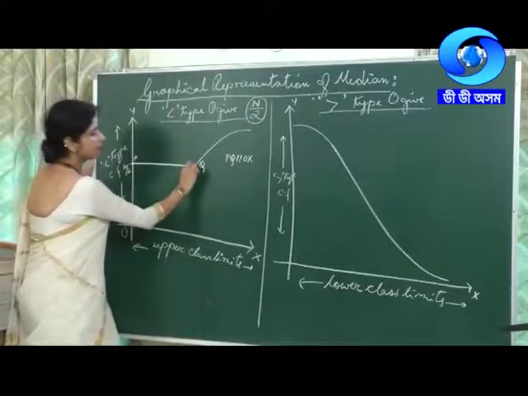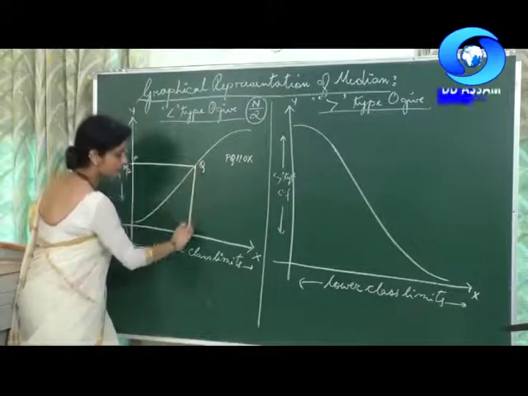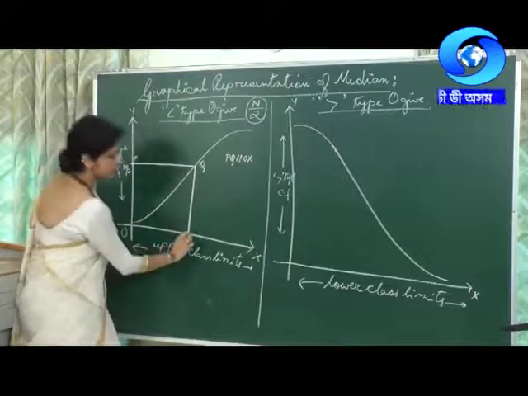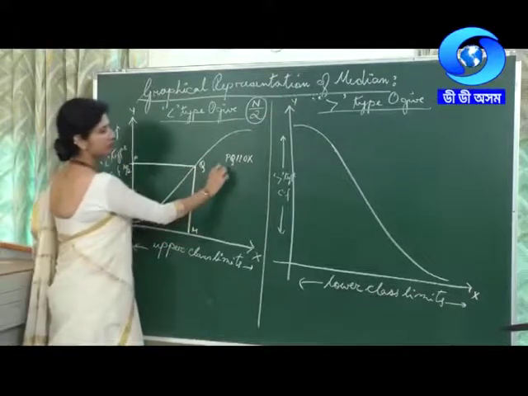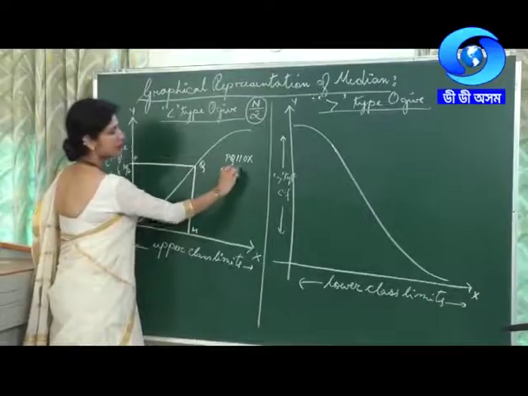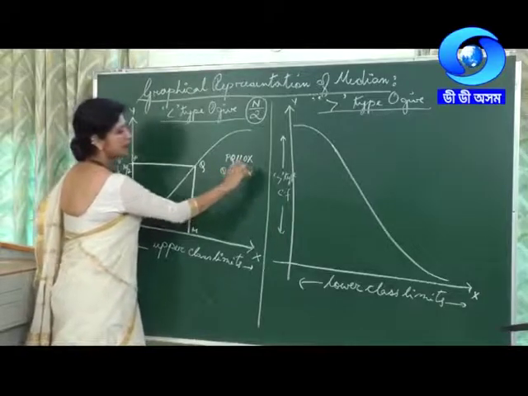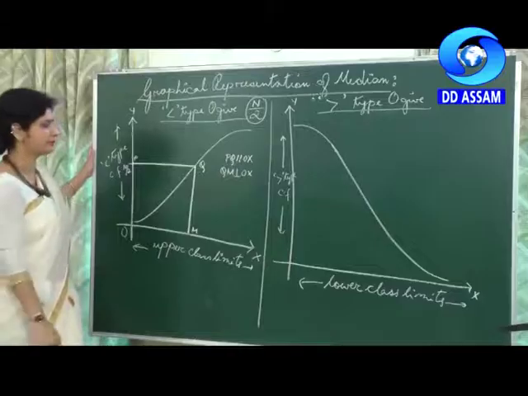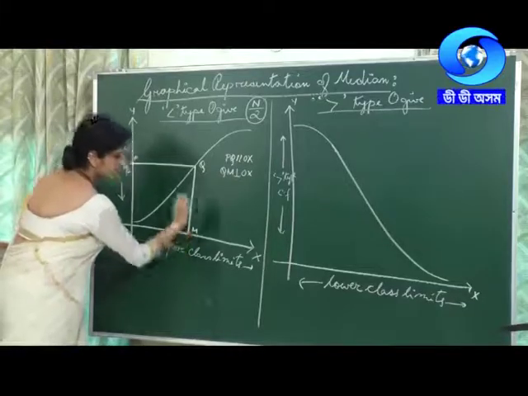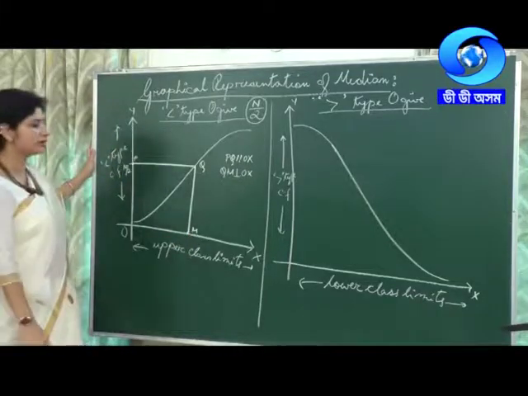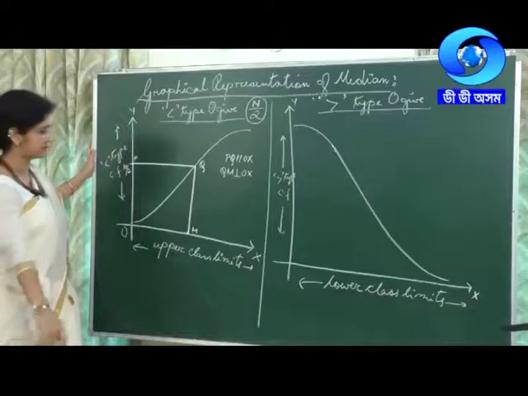From the point Q we drop a perpendicular, that is QM perpendicular to OX is drawn such that the point M lies on the x-axis.